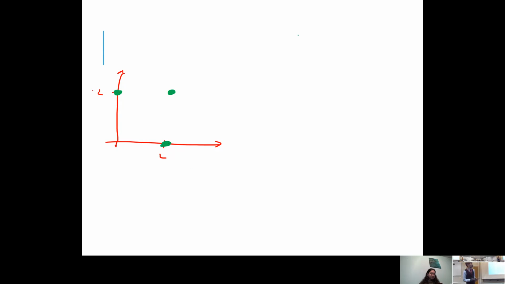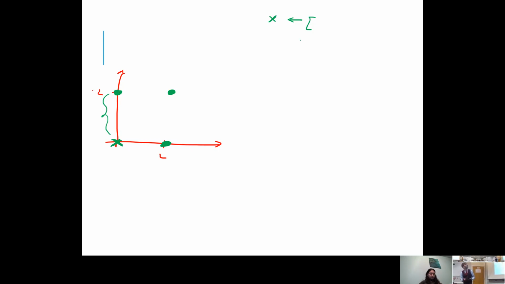Then for part B, it asks you to consider some field point way out here. For part A, you're looking at the field point right here at the origin, so you get these distances and calculate out the potentials. For part B, you just have some location out in space. I don't know what your specific numbers are.